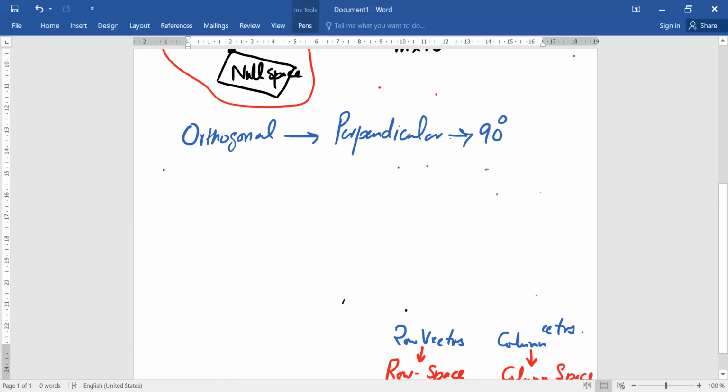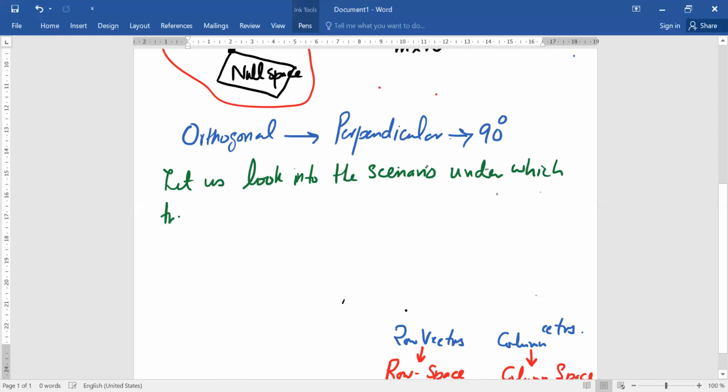So let us look into the scenario under which two vectors, now these two vectors could be two column vectors or two row vectors, we don't care right now, are orthogonal. What we're saying is that we just got two vectors.